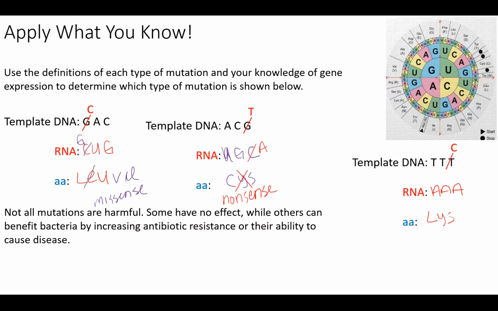So if in this case the template DNA is now TTC, that means the RNA is going to be AAG. And if we use the codon wheel, AAG gives us lysine. Hey, no harm, no foul. The same thing is made. The cell has no idea there was ever a problem. This is our silent mutation.